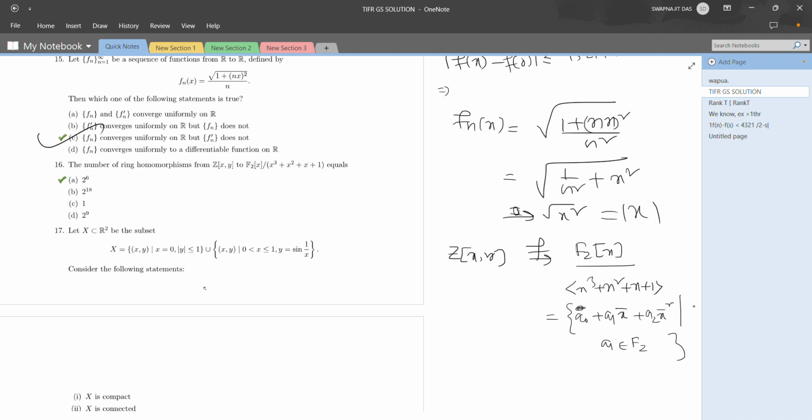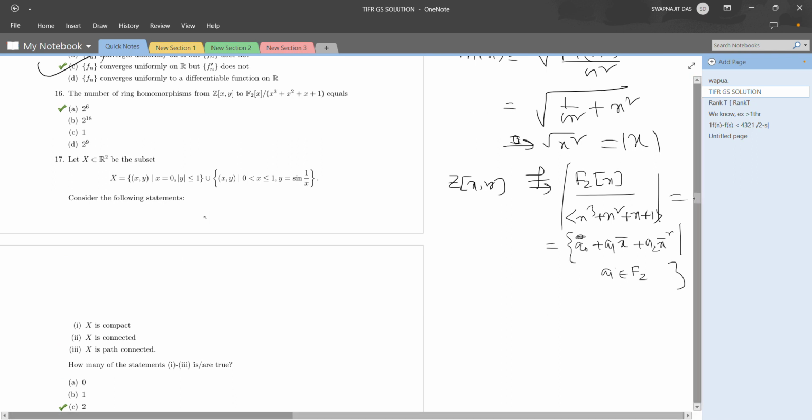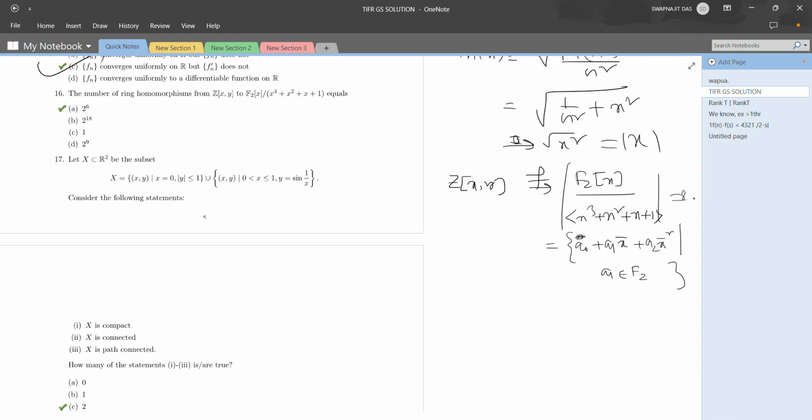Now how many elements are there? 2 times 2 times 2, that means 8 elements. This cardinality is 8 elements, right?